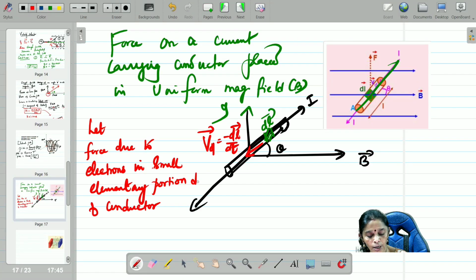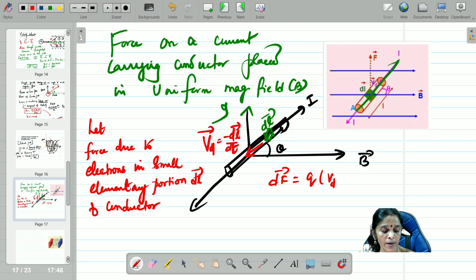What is the elementary portion? dl vector. So I can say that df vector is equal to q into v cross B. Very simple children, just 2 steps and the derivation gets over.